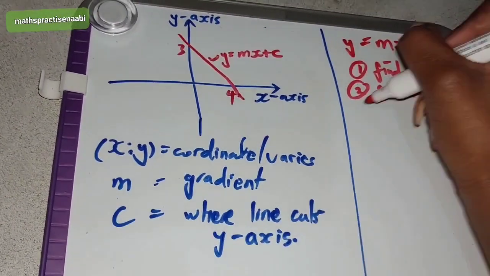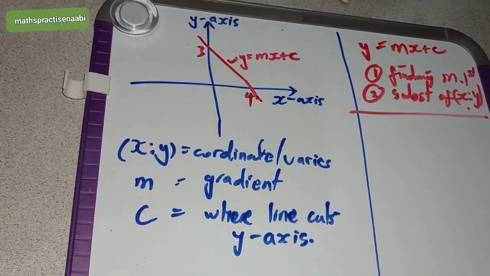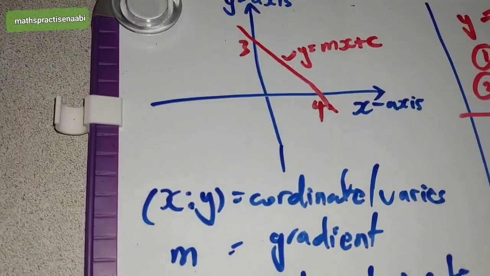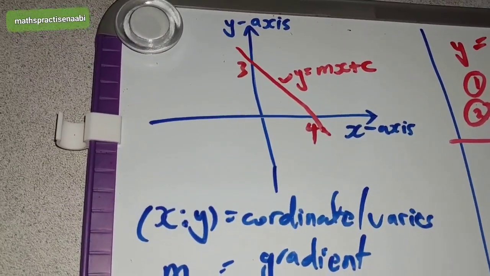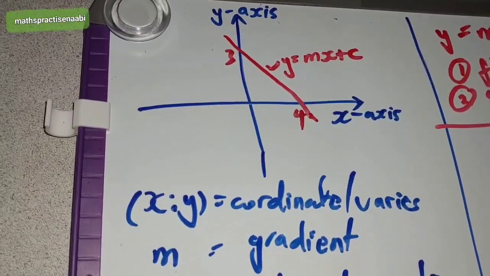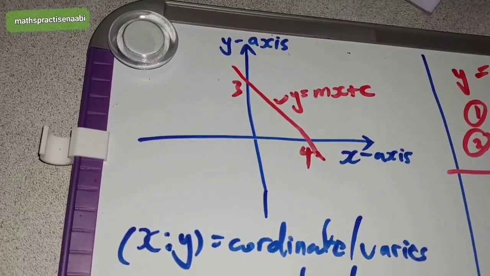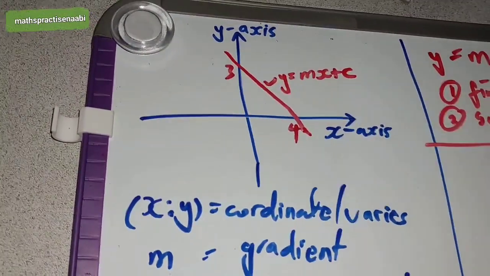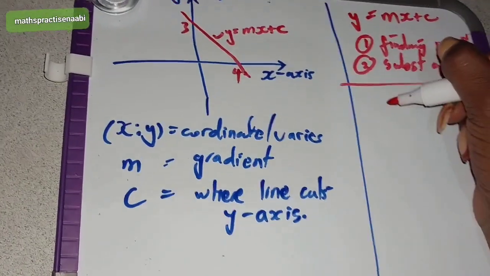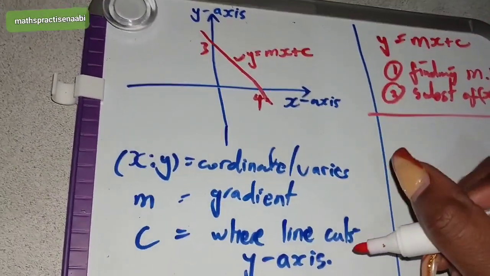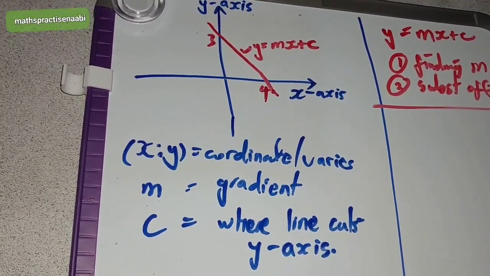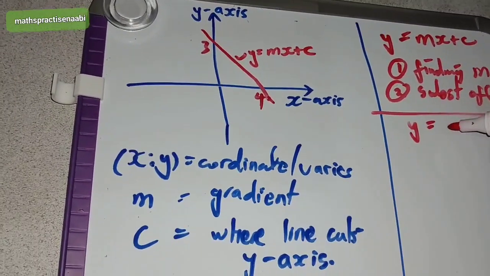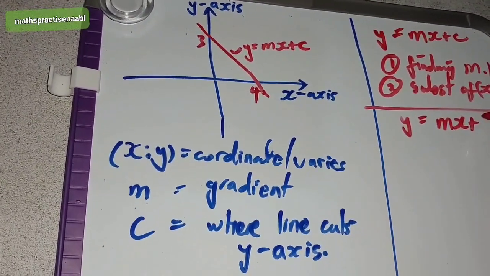Okay, so for example, now if you look at our line, the obvious coordinates that we have, if we were to use the method of substituting coordinates, the obvious one is that initially we already know our c. Since c is the point where the line cuts through the y-axis, y will become mx plus 3.